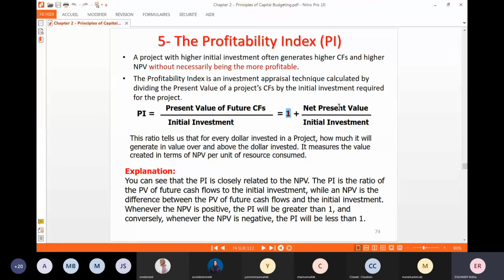حاجة أخرى, remark, in some textbooks and some analysts compute the profitability index by dividing NPV by the initial investment only, not present value of cash flows. NPV over initial investment. They ignore the +1 here. It's not false.